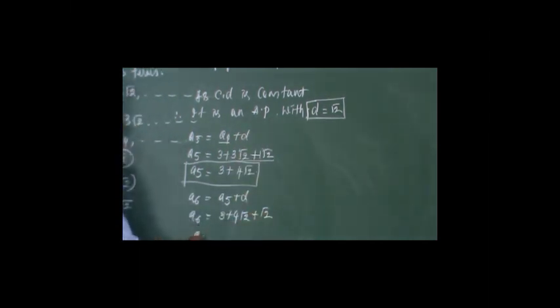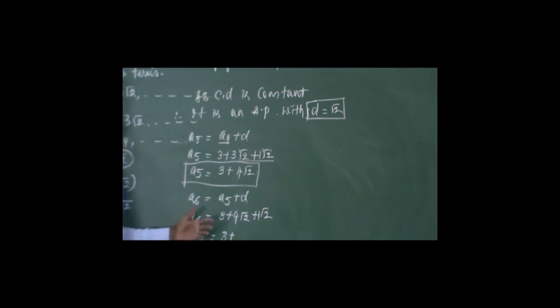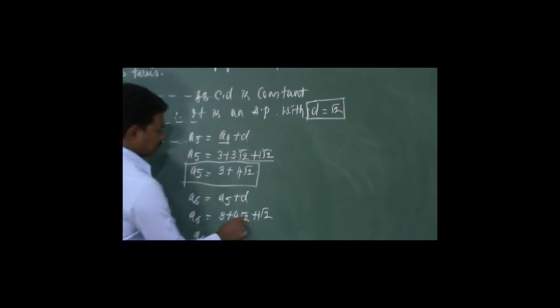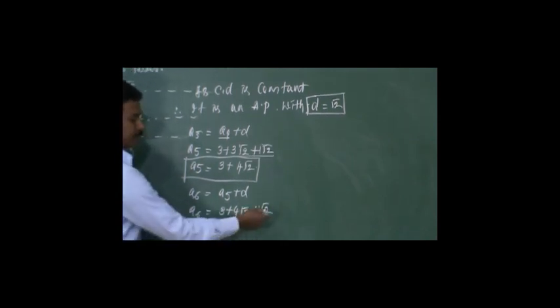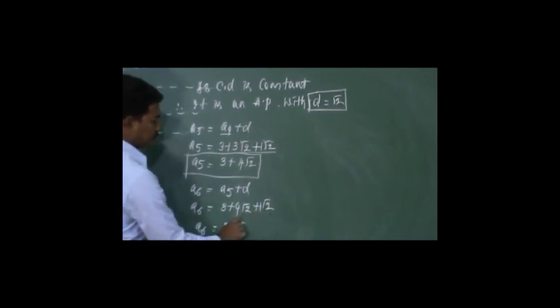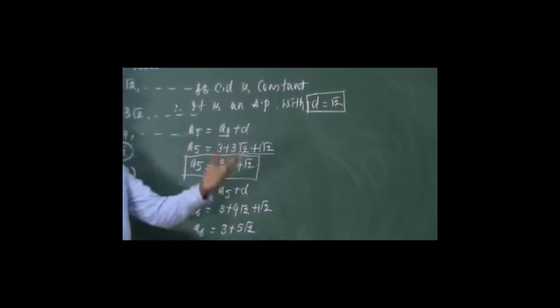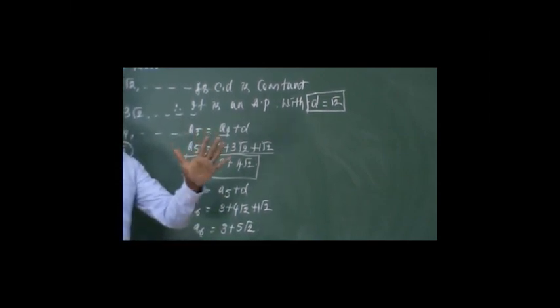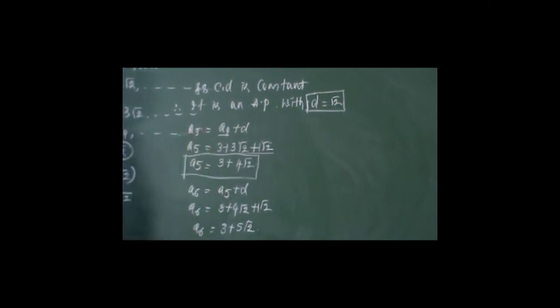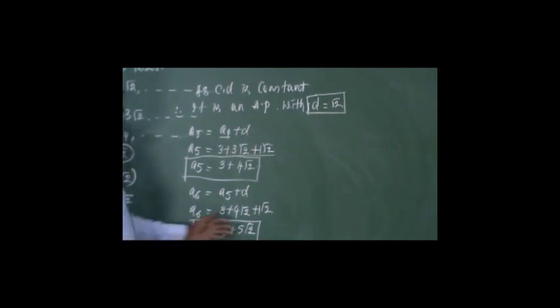So A6 is 3 plus 4 root 2 plus 1 root 2. We add the coefficients as they are like surds in their simplest forms. 4 root 2 plus 1 root 2 is 5 root 2, just like 4 pencils plus 1 pencil is 5 pencils. So A6 is 3 plus 5 root 2.